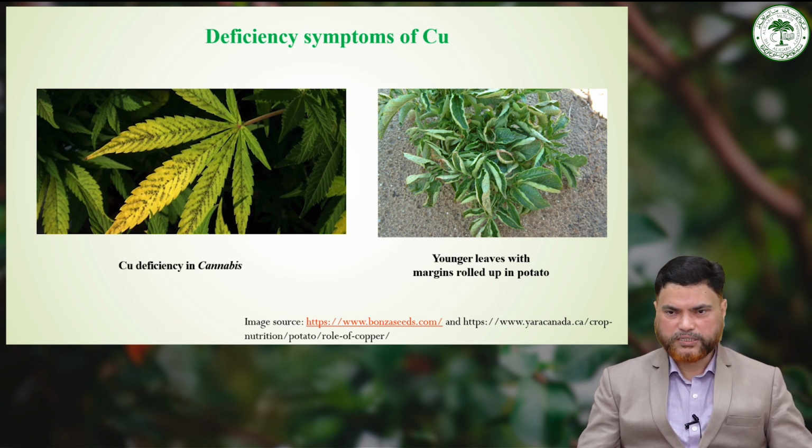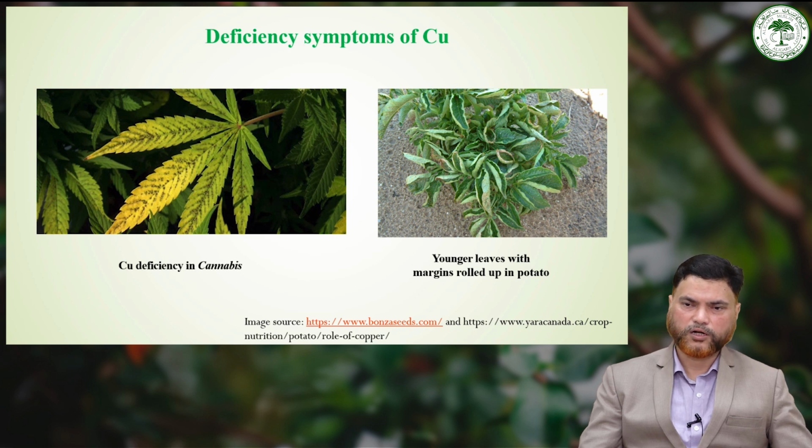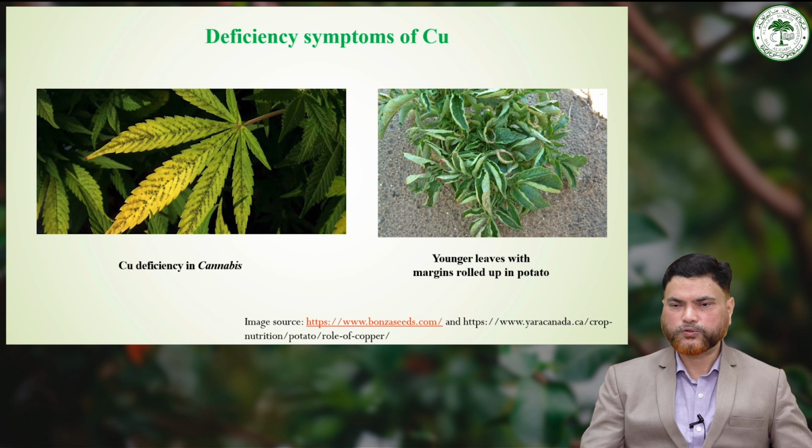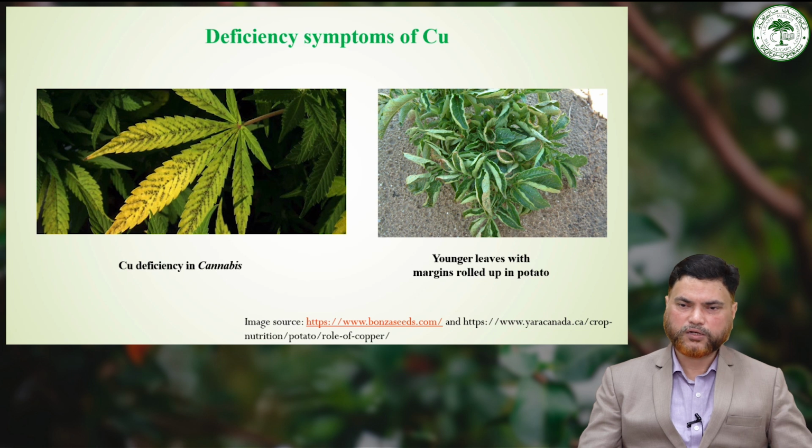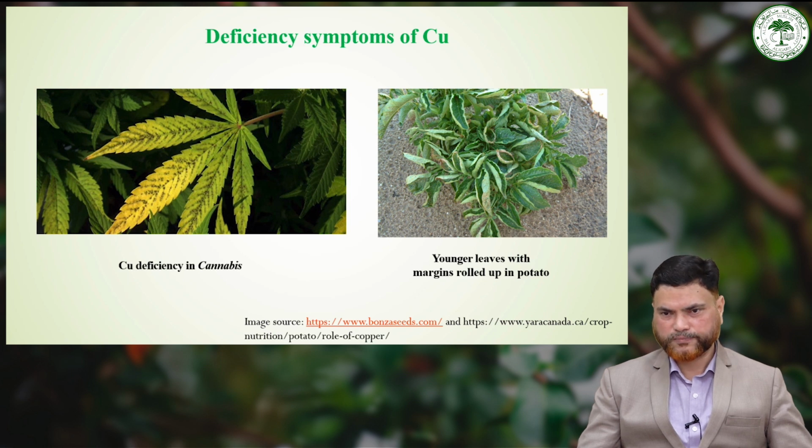But in case of deficiency, copper deficiency could lead to stunted growth, distortion of young leaves, chlorosis or necrosis starting at the tips of the leaf, as you see in the slide, and then these extend along the margins and lead to bleaching of young leaves, particularly known as white tip or reclamation disease in cereals, particularly grown in organic soils. And it could also induce a very important disease, summer dieback disease in trees.